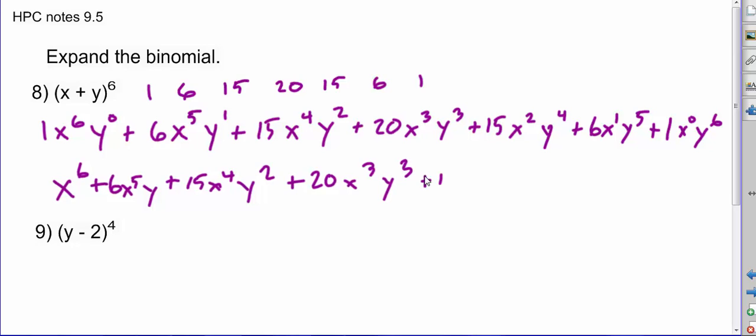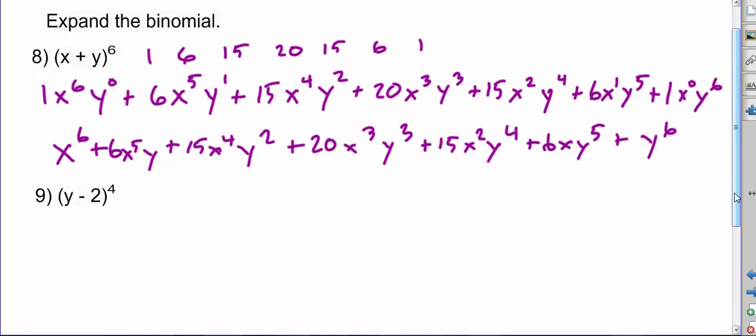We don't really need them. And your answer looks like that. So kind of a long answer, a long expression, but I don't think anybody would prefer to actually multiply x plus y 6 times to get there. It's a much simpler pathway.